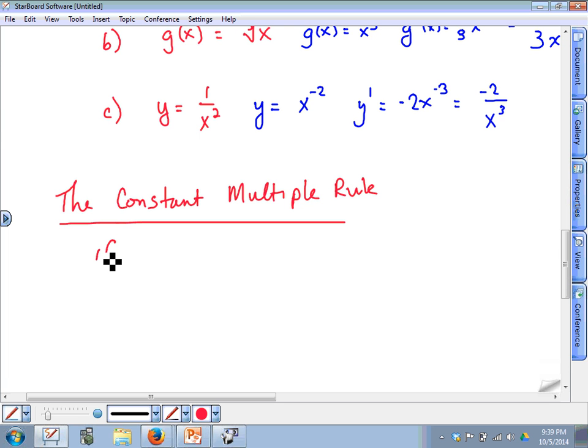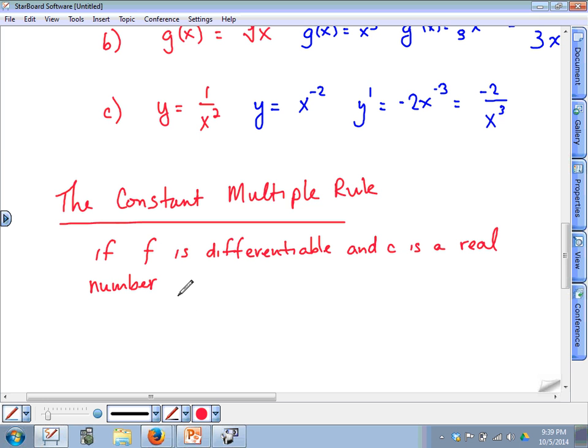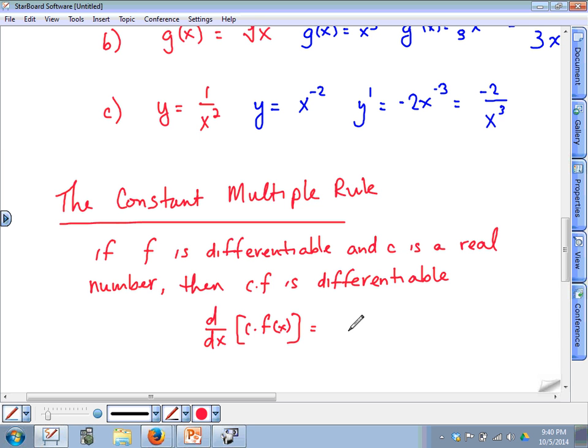So if the function f is differentiable, and c is a real number, then c times f is differentiable, so the derivative with respect to x of the product c times f of x is equal to c times f prime of x.